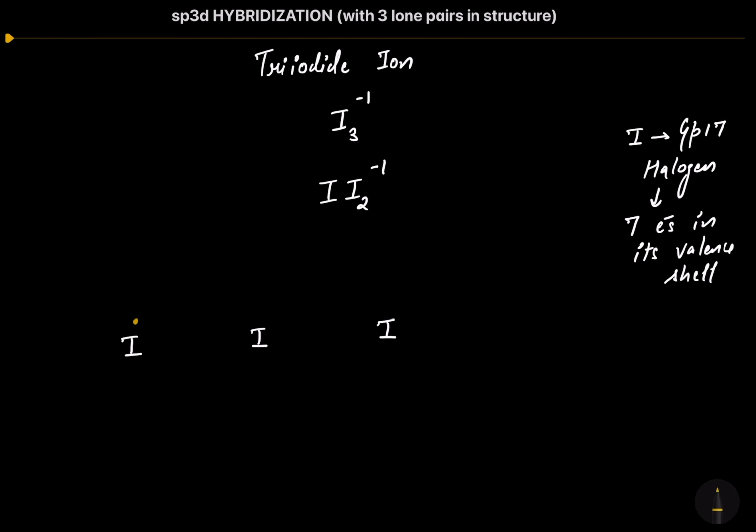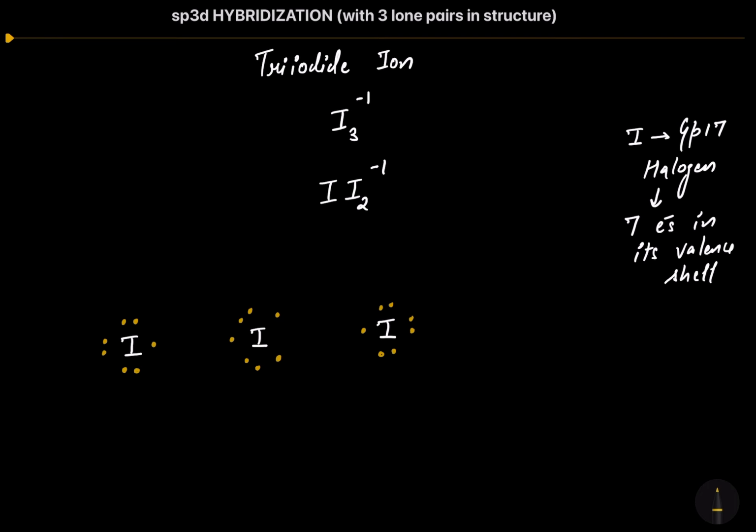That's the first electron, second, third, fourth, fifth, sixth, and the seventh. Now let's talk about the second iodine, and then the third iodine, marking seven electrons around each in the same way.